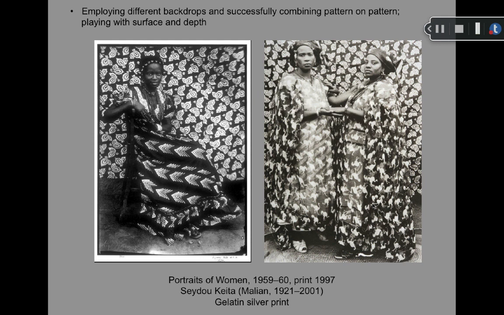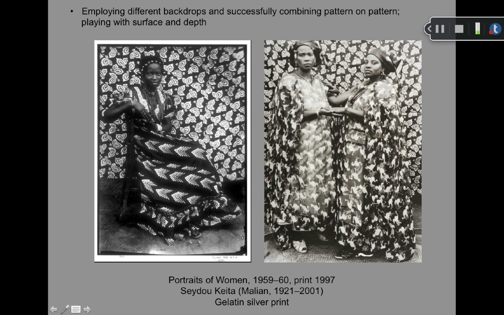Okay, the other thing that is important to bring up with Seydou Keita is that he employed a lot of layering within his work, so combining pattern on pattern, as you see here. He also was really interested in employing different backdrops within his work.